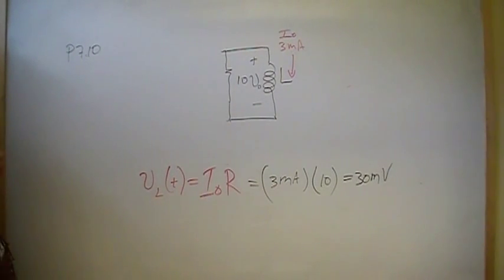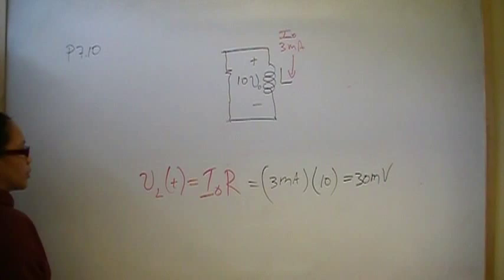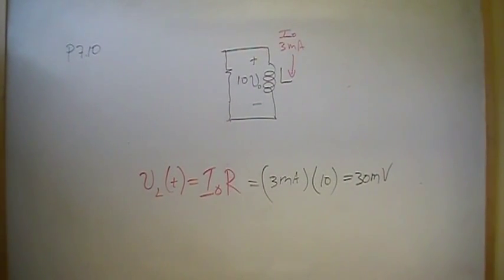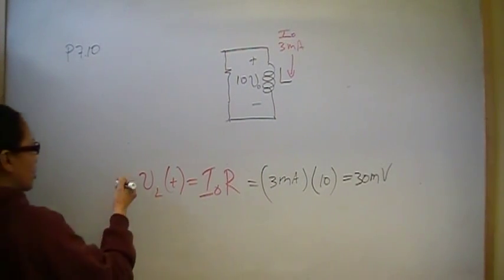So then I said, well, that's the initial charge, so I'm looking for 1/2 of that. Then I wrote the general equation.